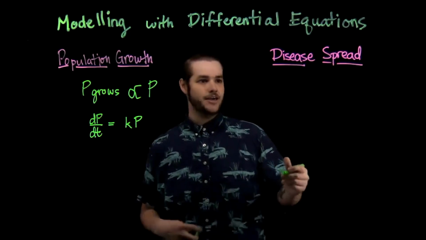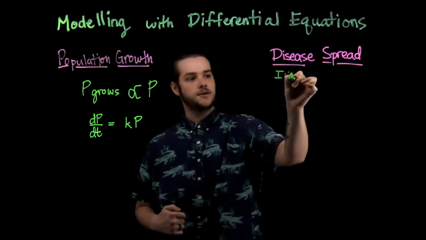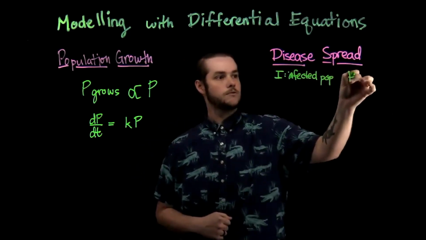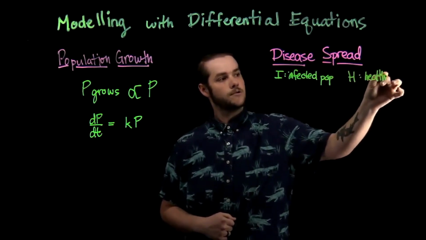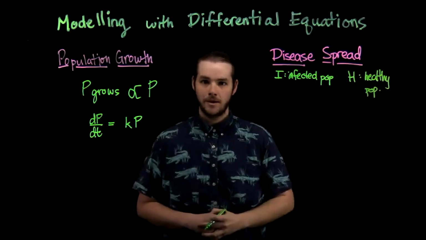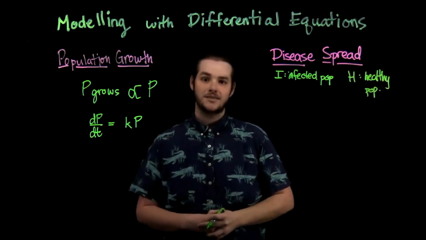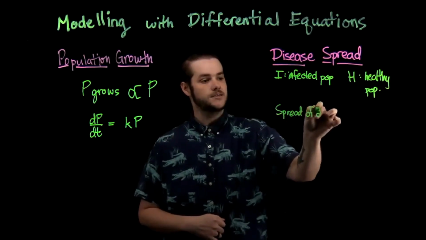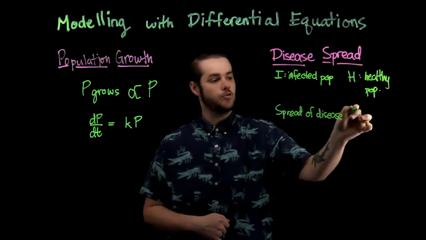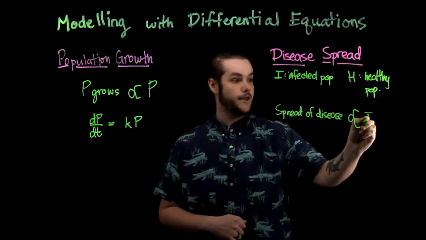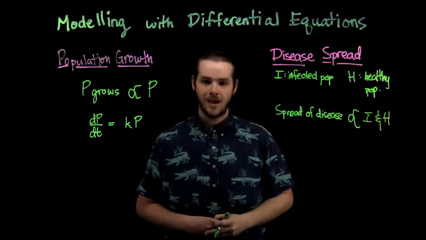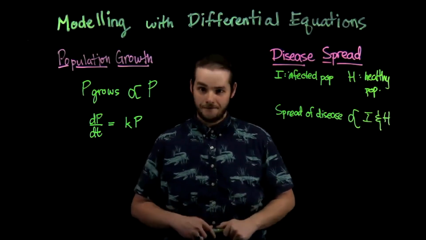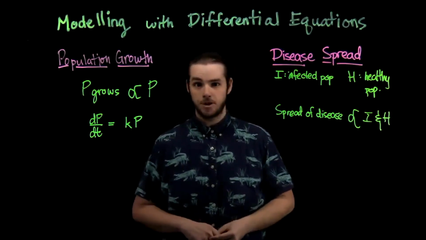For example, if I call I the infected population, and I call H the healthy population, we know from epidemiology that the growth, or the spread, really, of the disease is proportional to both of these things, to I and H. This stands to reason: the more people are infected, the more virus is out there, so the disease spreads faster.